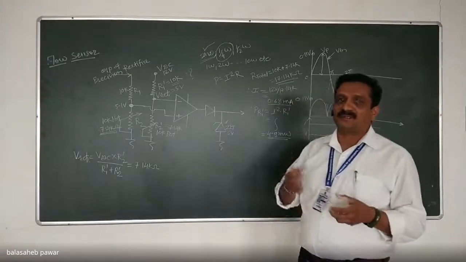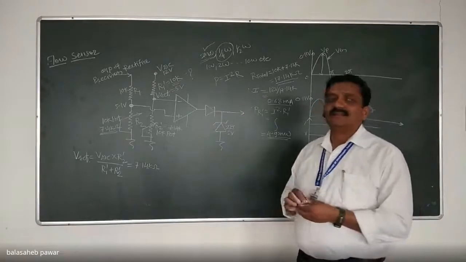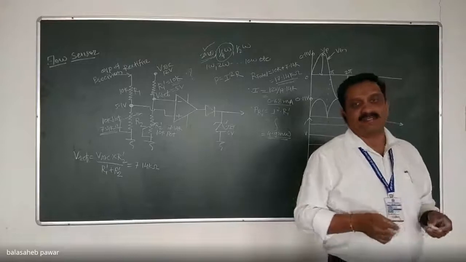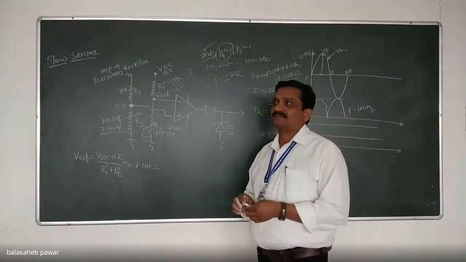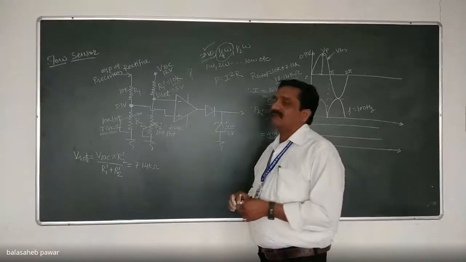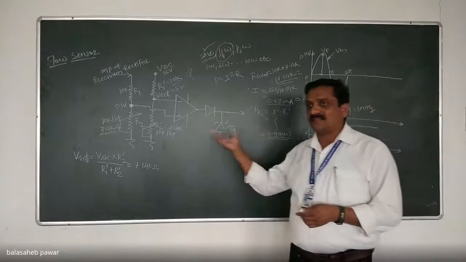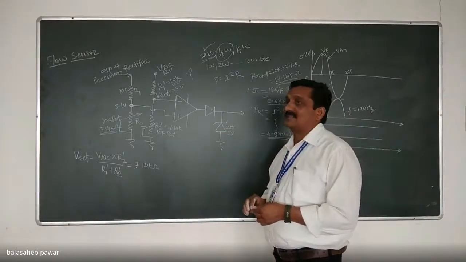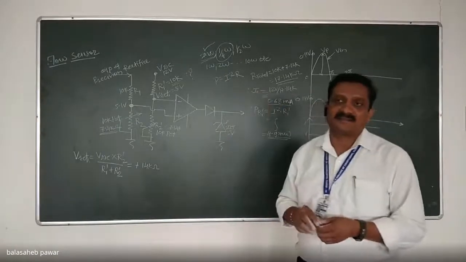If we have to implement this on a printed circuit board, then we can go for a preset, that is a PCB mountable variable resistor. You might have seen it. The power handling capacity of a preset in the variable resistor category is minimum, while that of a rheostat is maximum, which may be in kilowatts.